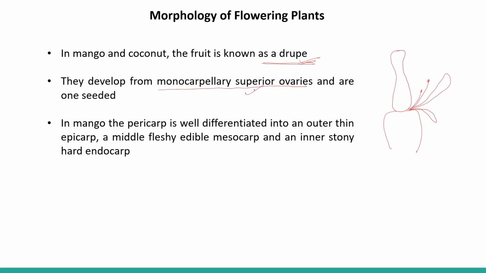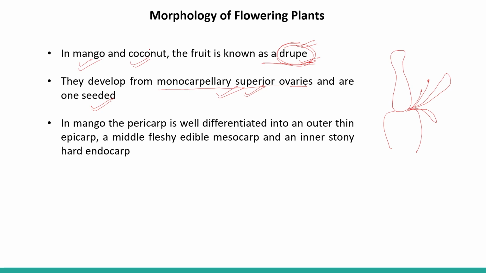This is very important: if the fruit is one-seeded and formed from a monocarpellary superior ovary, then the fruit will be a drupe, as we have seen in both mango and coconut.